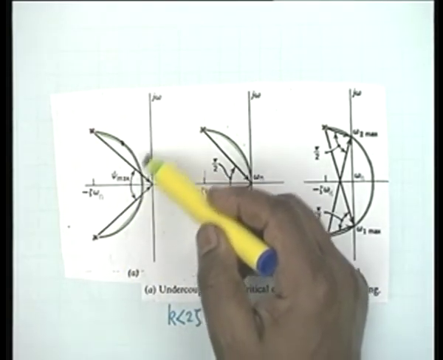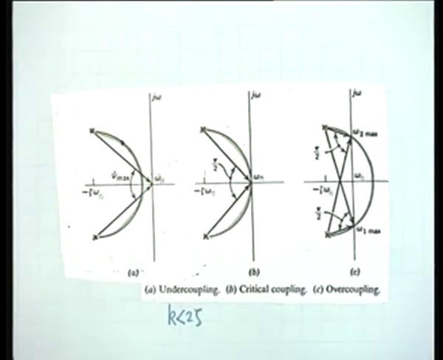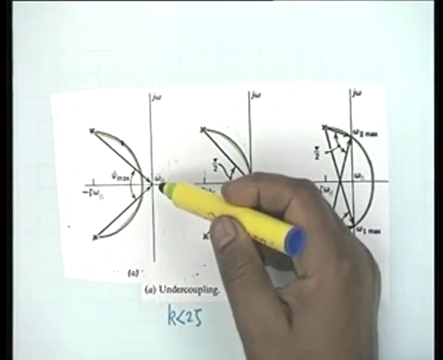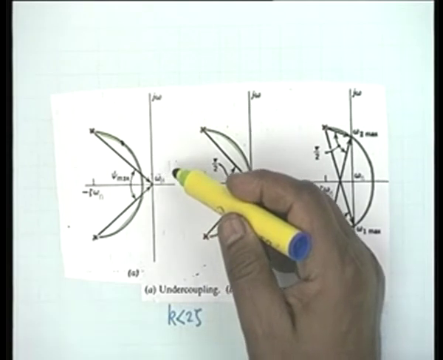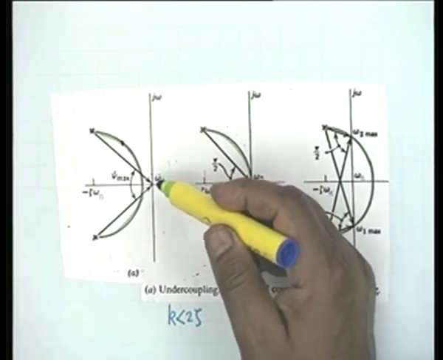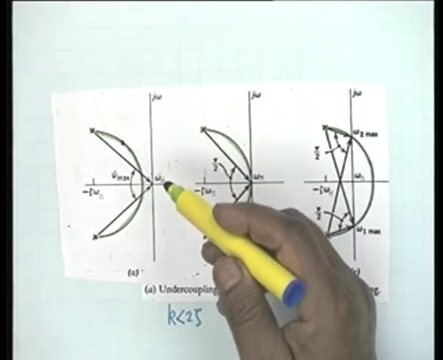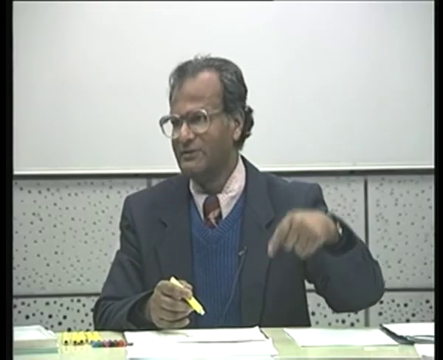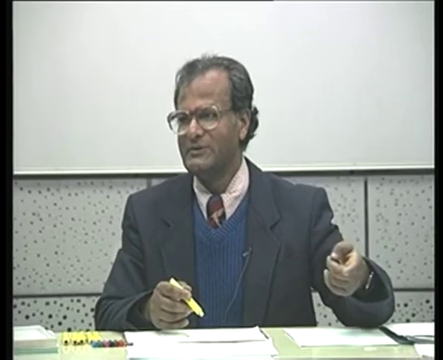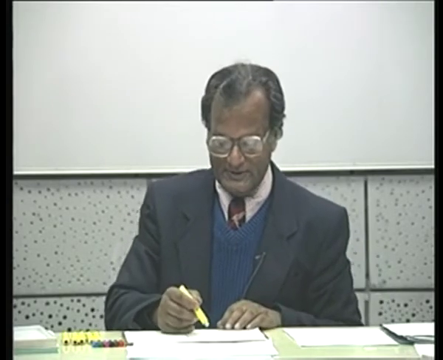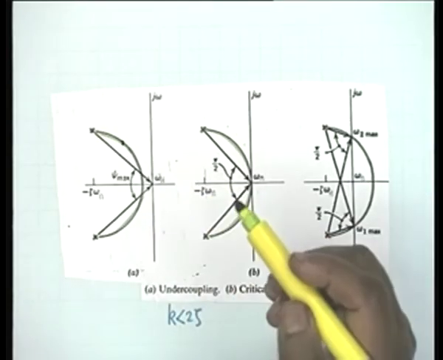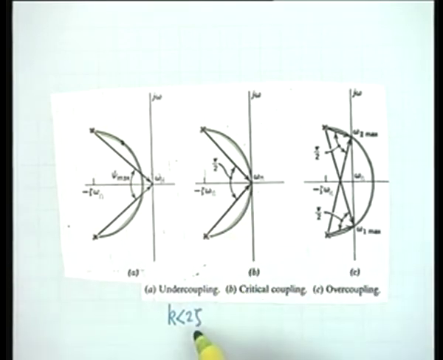As you go this way, the angle goes on decreasing, and therefore the maximum, as is justified by common sense, when k equal to 0, obviously the maximum shall occur at the natural resonance frequency of the tuned circuit, that is at omega n. So the maximum still occurs at omega n. As long as k is less than 2 zeta, the maximum occurs at omega n.